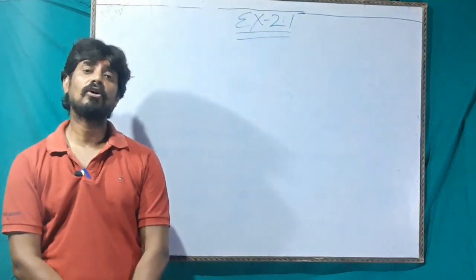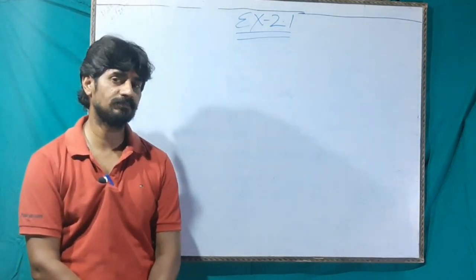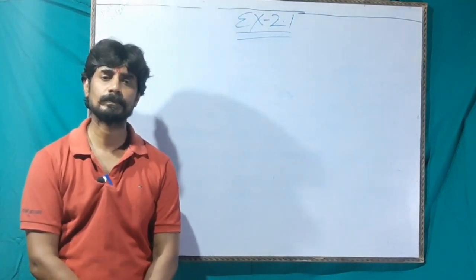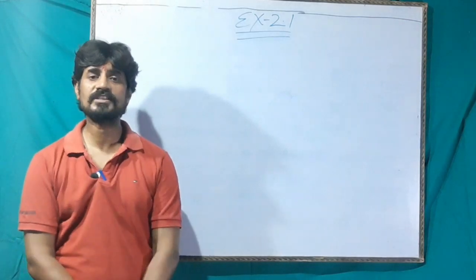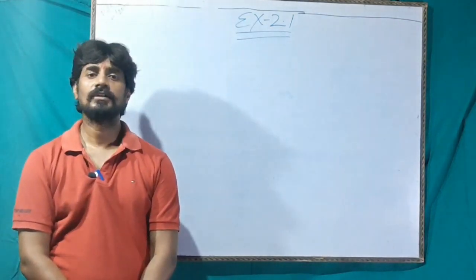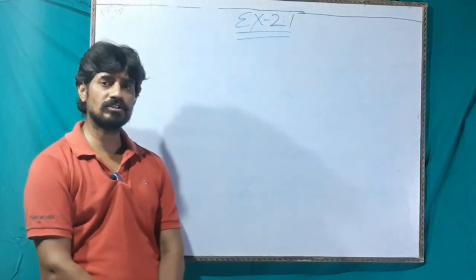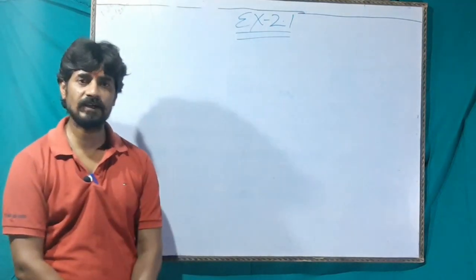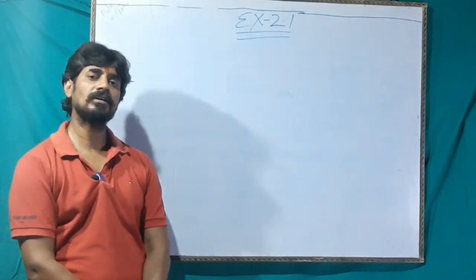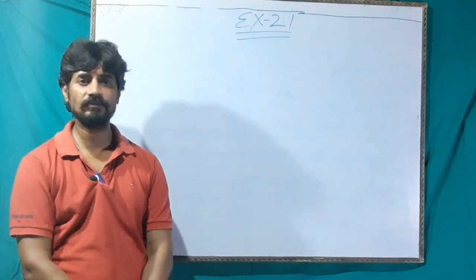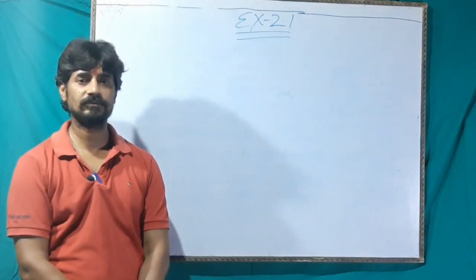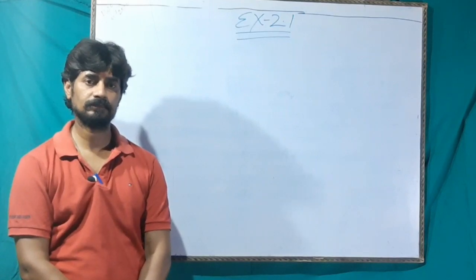Here the coefficient of x square is 5. So we can say that the constant which is multiplied to the variables is called the coefficient of that variable.